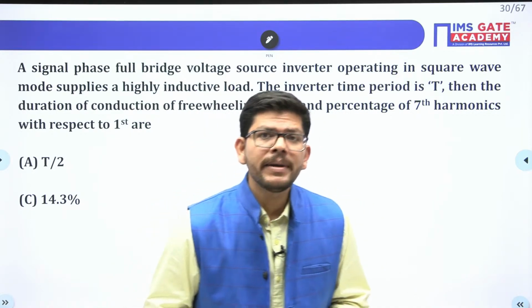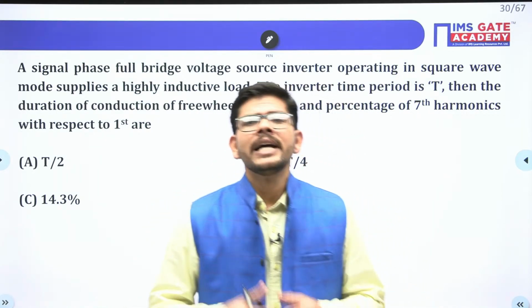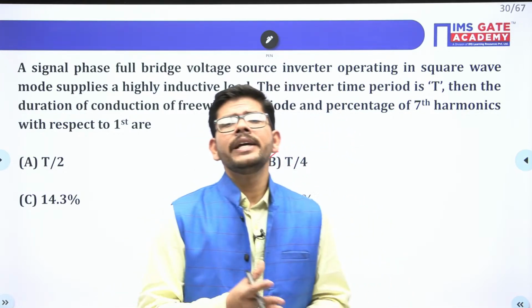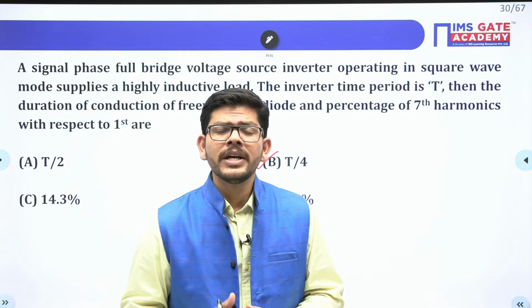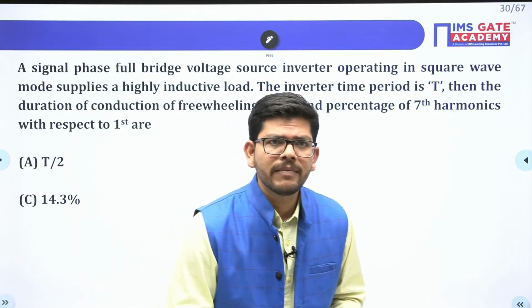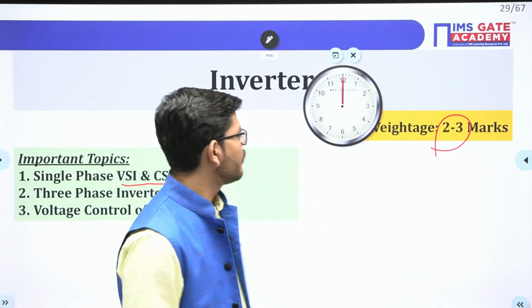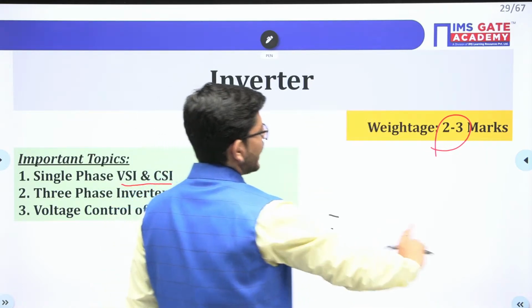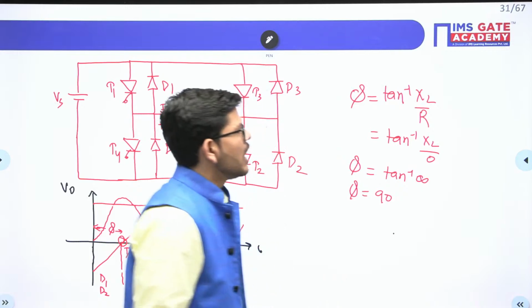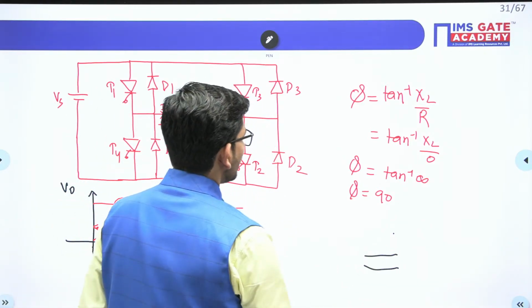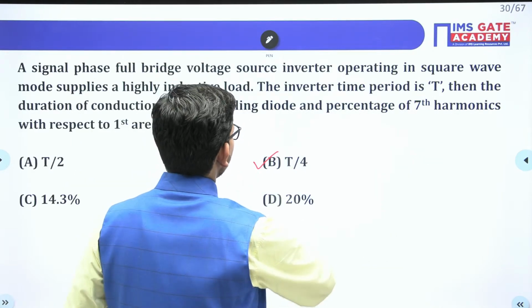If this were an RLC load, then this duration will be even less than T by 4, and that is determined by phi, which is tan inverse of XL minus XC upon R. This is how we do this.